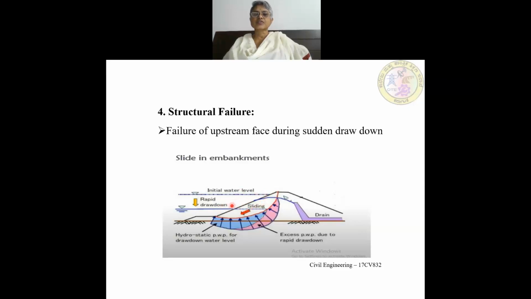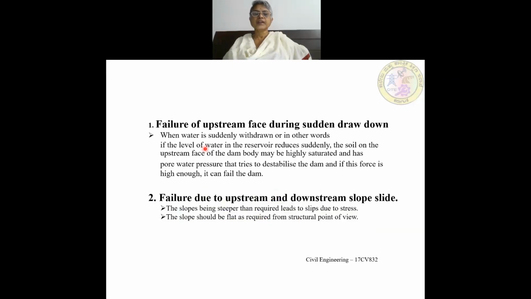Because of the presence of water, there will be sliding like this. There will be sliding of the material, and the structure will fail. The material on the upstream side will suddenly come down. Okay. And the failure of the upstream phase due to sudden drawdown, I already explained to you.